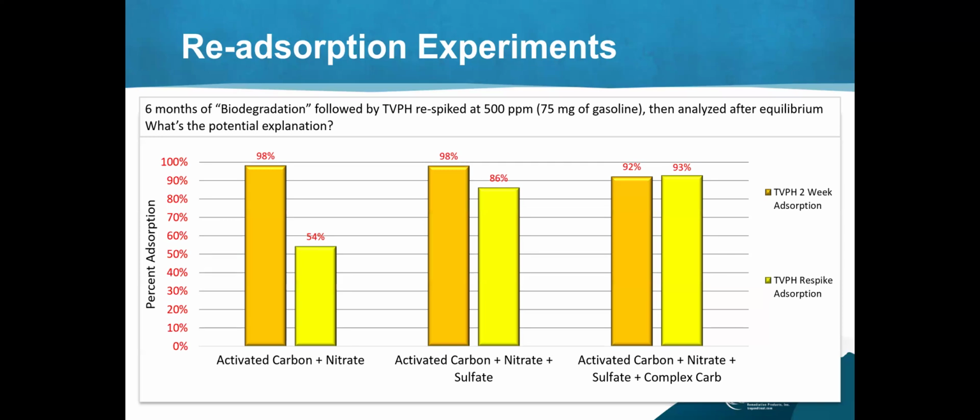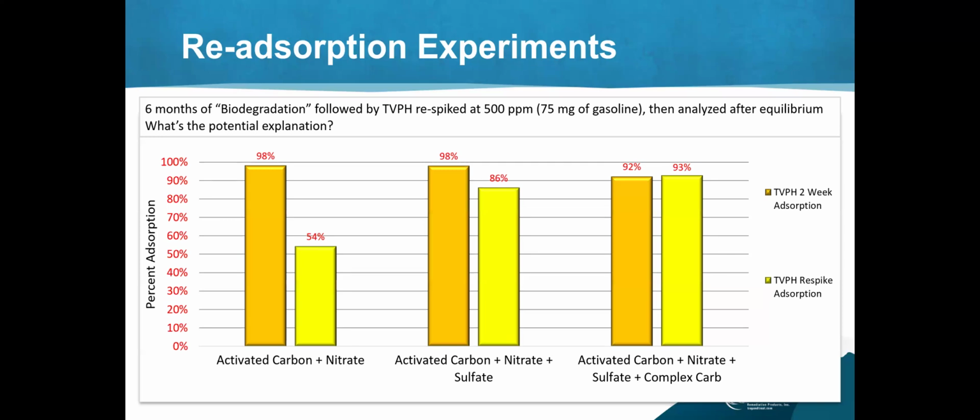And what happens with that respike? You get different rates of absorption, and some biodegradation. The gist of this experiment, what we were trying to get a sense of, this is not proof, this is just a sense of, does the microbial population that builds up on the activated carbon prevent absorption?